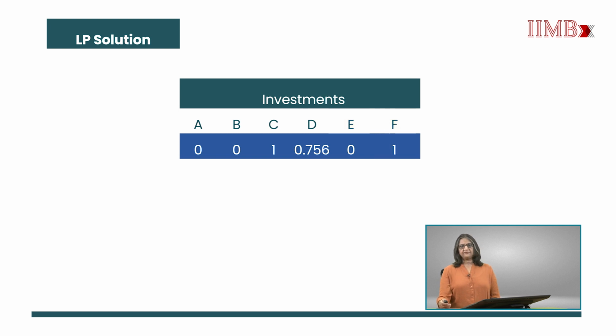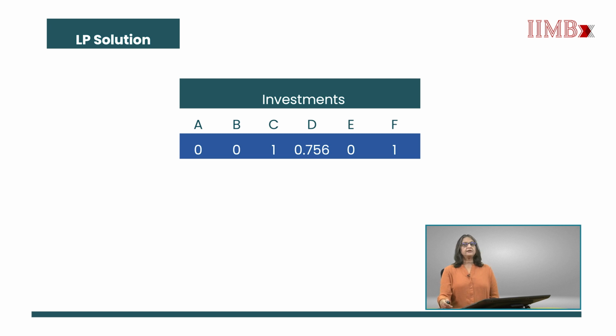So the C and the F make sense. The A, B, and E you're not taking, that makes sense. But the project D being 0.756 doesn't make sense, because then that would mean that we have applied 0.756 of the cost of this project, which is meaningless. You would either have to take the entire project or not take it.